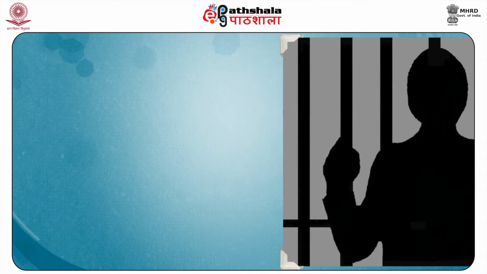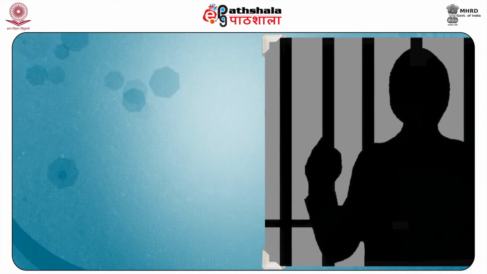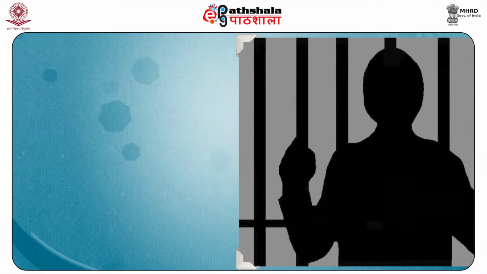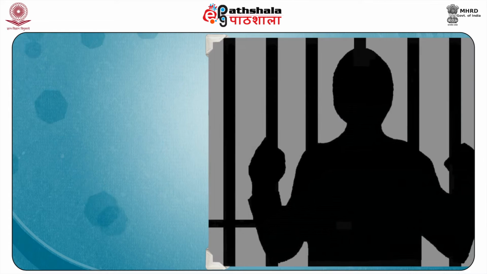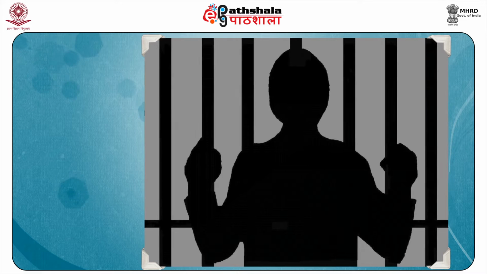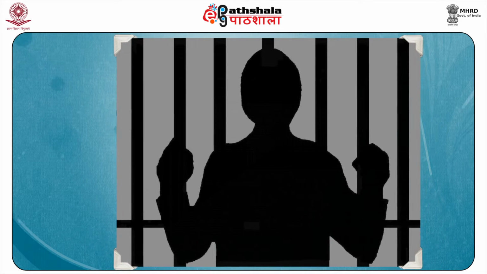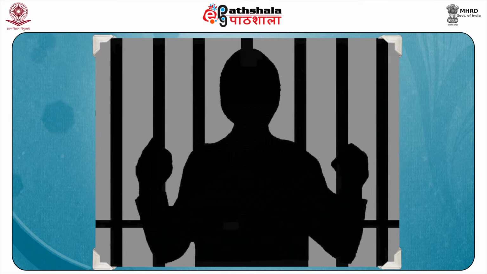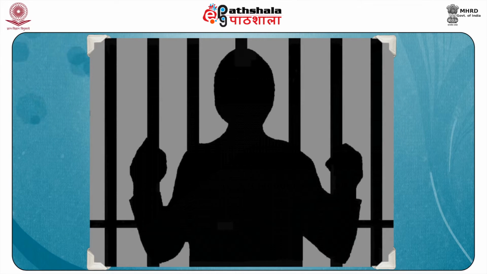Any person who, at the time the contravention was committed, was in charge of or was responsible to the company shall be deemed to be guilty of the contravention and shall be liable to be proceeded against and punished under the Prevention of Money Laundering Act. The only exception to such a rule is that if such person proves that the contravention took place without his knowledge or that he exercised all due diligence to prevent such contravention but still he wasn't able to.